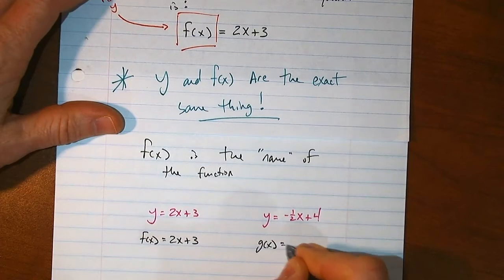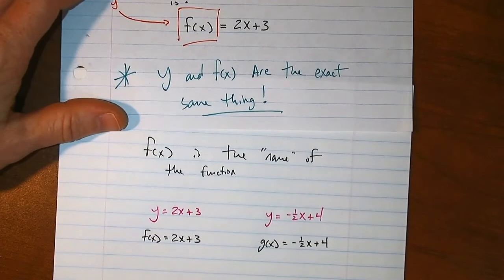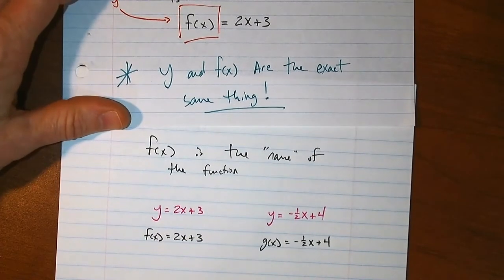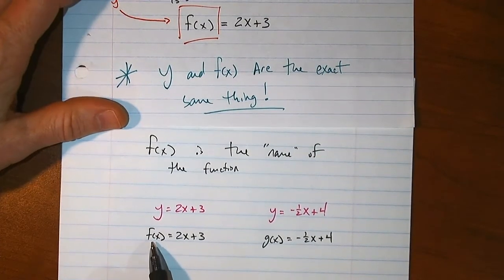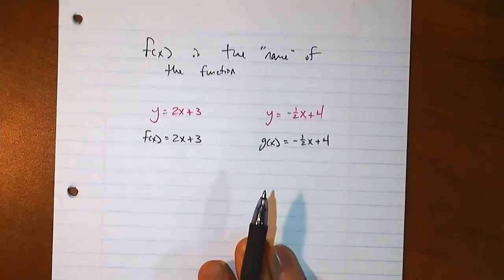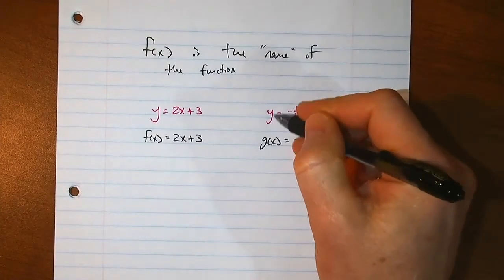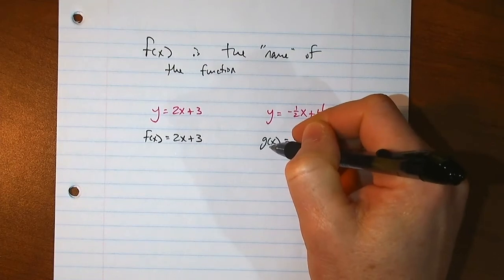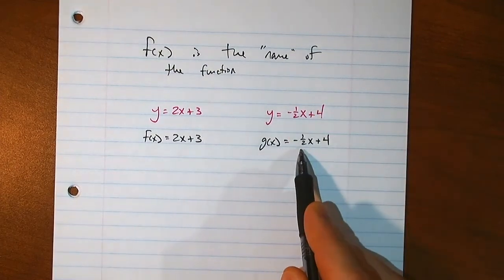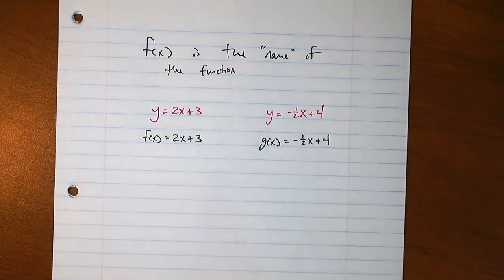So what I do is I just name the two functions something different. So now if I say which function is the one that crosses at 4, you could just say function g does, because this is the only function that has a g. This one has f instead. So that's one way that you could do this. These two things mean the exact same thing, but this gives me a way to distinguish this particular function from a different particular function. Okay, so that's one way you can think of it, is it's the name.